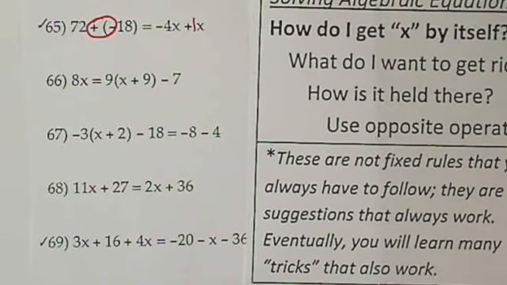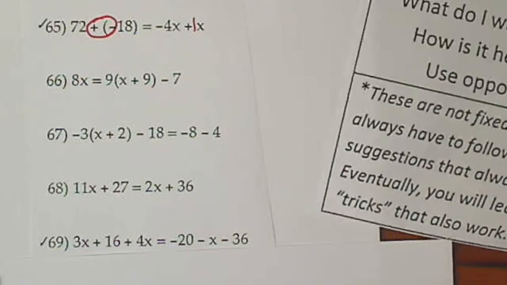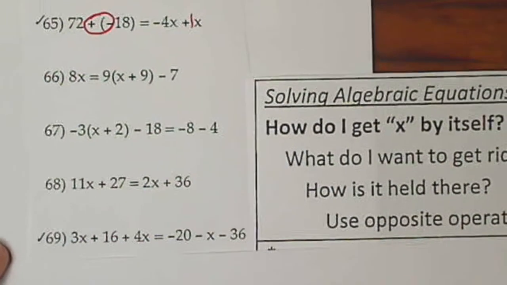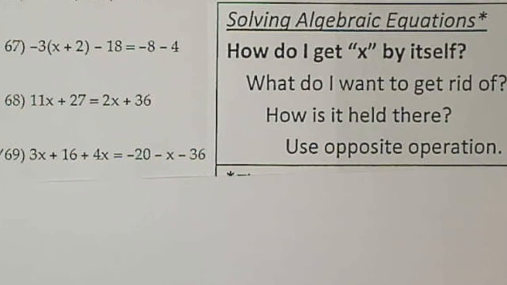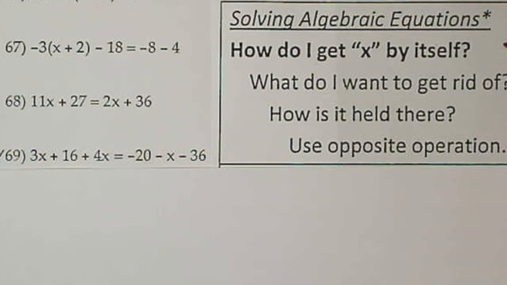Let's see if we can take a look at number 69 here. Okay, there's a few things we're going to be able to combine. Alright, so we're going to clean up each side of the equation before we really get started. Okay, I want to get x by itself, but my life's going to be easier if I clean things up first.